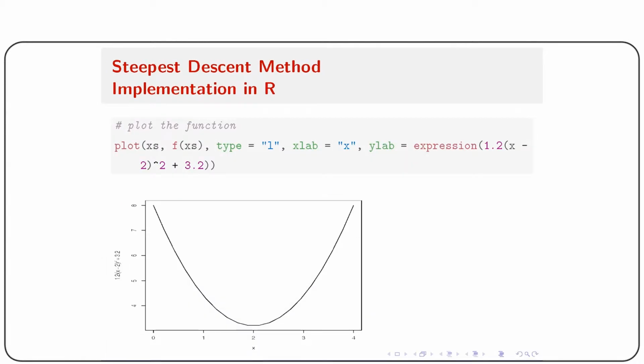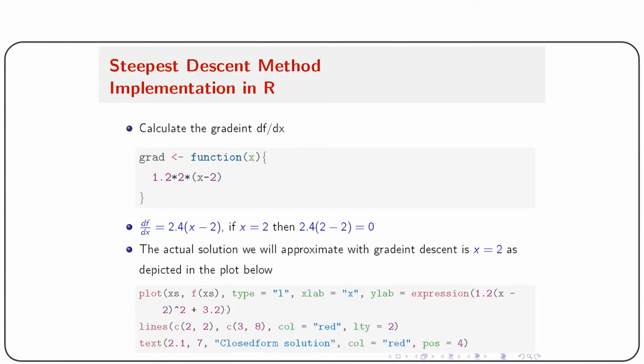If I plot this function through a simple plot command, plotting f(x) against x, you will get the plot like this. For the steepest descent method, we just calculate the gradient df/dx.